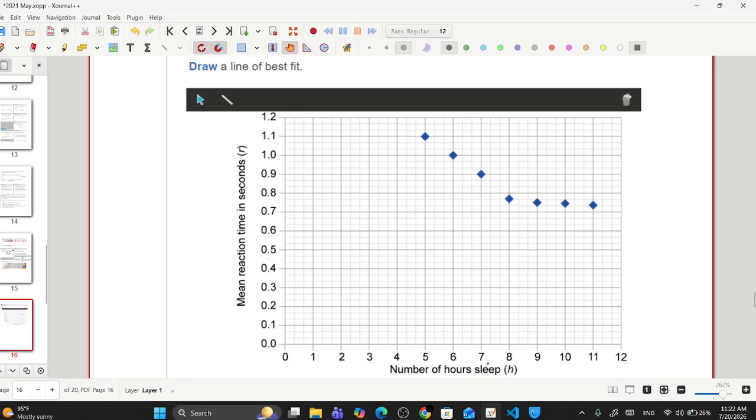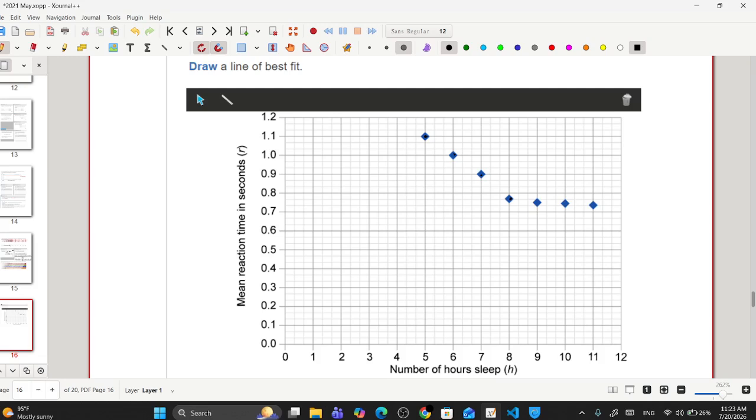Let's say this is 5 comma 1.1, 6 comma 1.0, 7 comma 0.9, and let's see the rest of the values, right? So this is 8 comma roughly 0.77.